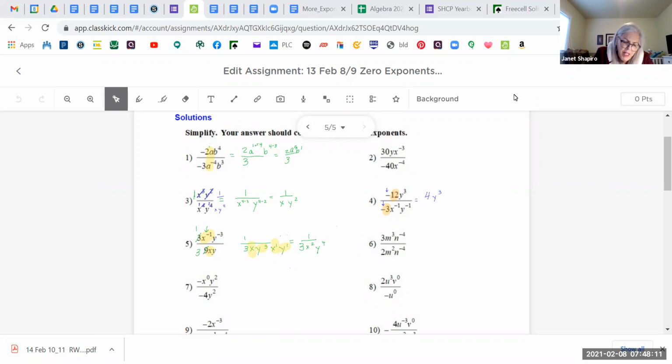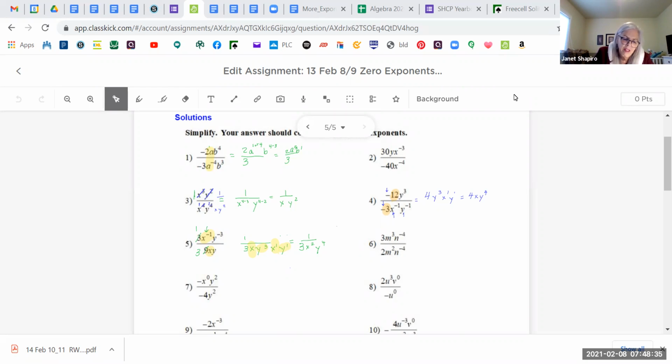And then from the denominator, this one would become an x to the first up above. This one would become a y to the first up above. And so when I look at this, everything's in the numerator. So it would be 4 x to the first, y to the fourth.